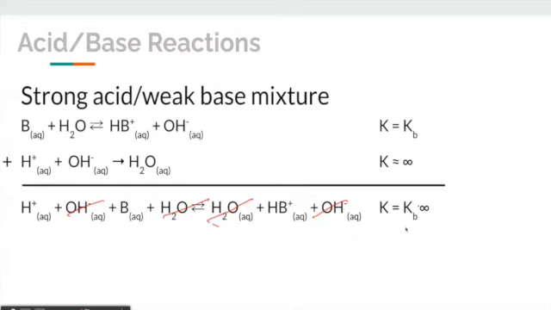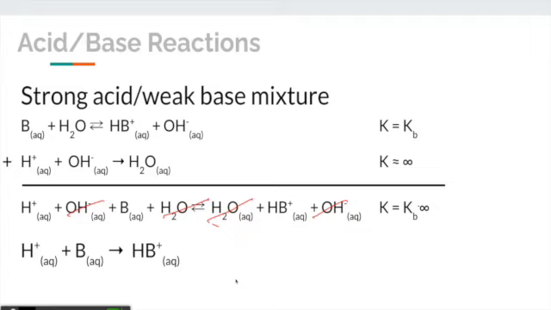So K in this case is Kb times infinity. Well, anything times infinity is just infinity. So basically, this becomes a one-way reaction where the reactants are the H plus from the strong acid and the weak base, and the products are the conjugate acid of that weak base. So this is what it looks like if you put that all together.